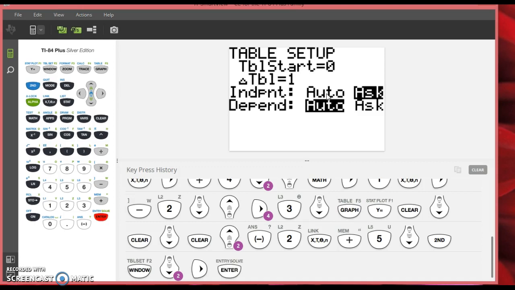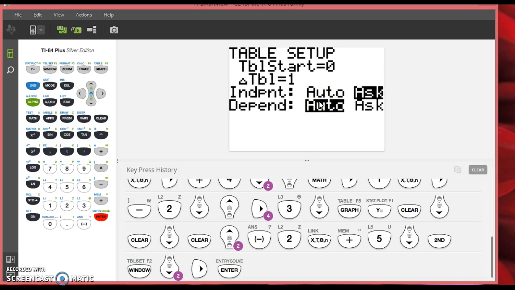So key over and have it ask you for the independent. The dependent, it's going to automatically give it to us, because we've got our domain. We want to find the range. Okay, we're telling our calculator that we want it to ask for the independent, which is what we're going to give it, and it's going to give us the dependent.